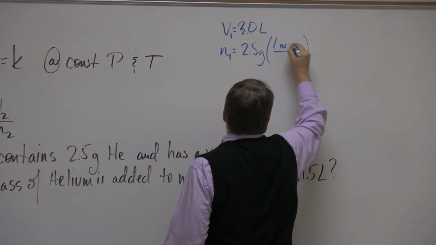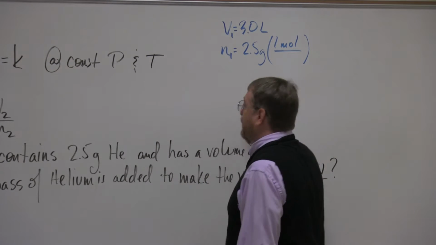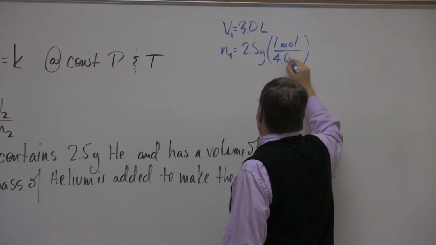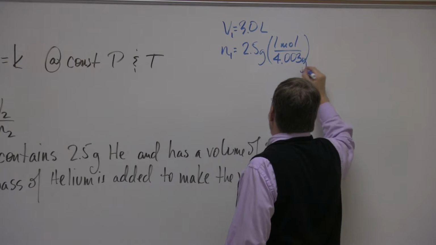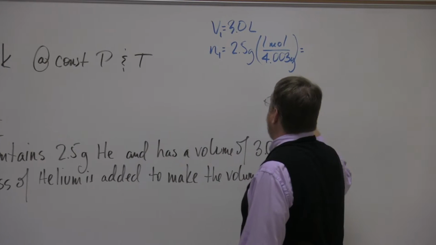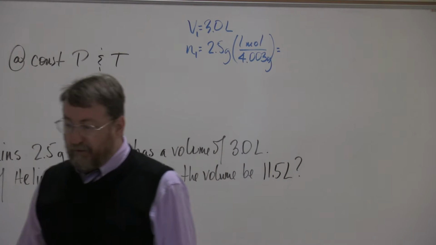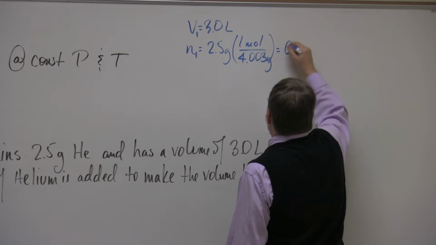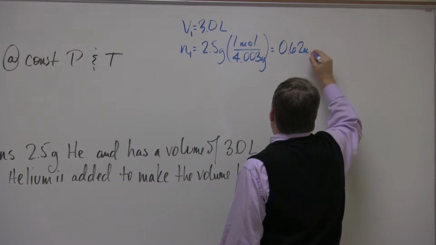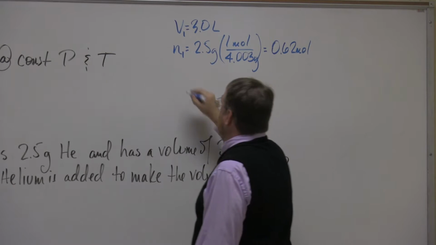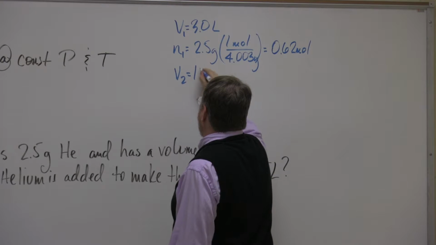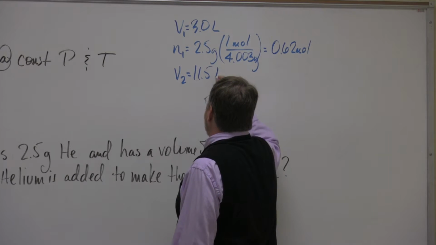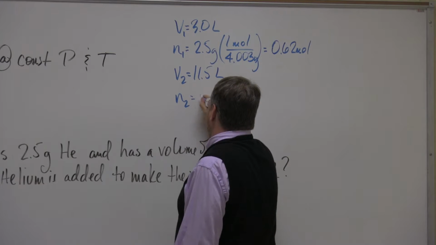So every 1 mole of helium is 4.003 grams. Divide that out, and I will get the number of moles to be 0.62. So I have 0.62 moles of helium. V2 equals 11.5 liters, and N2 is my unknown.